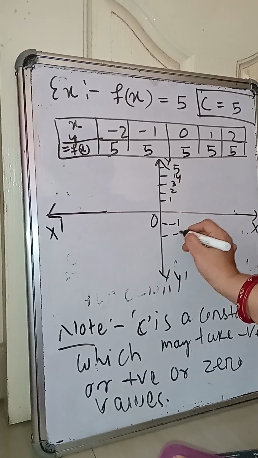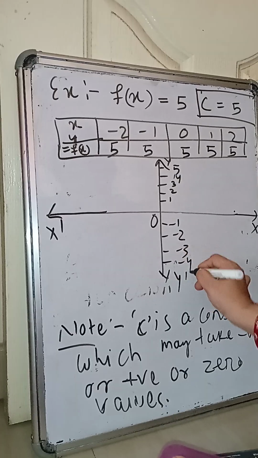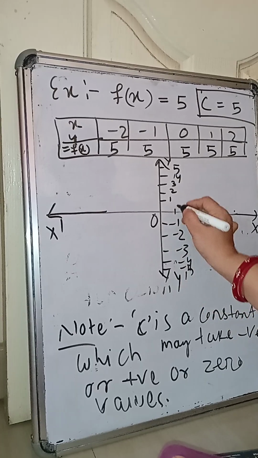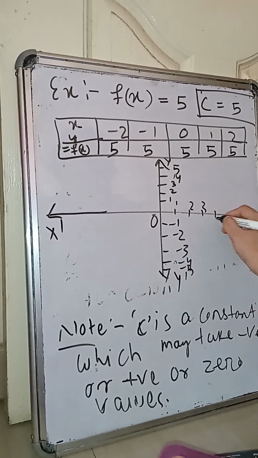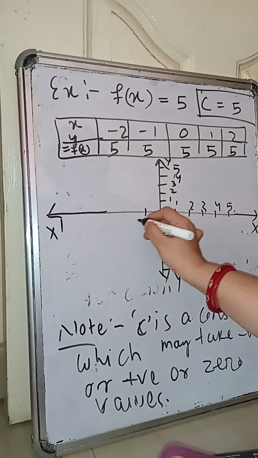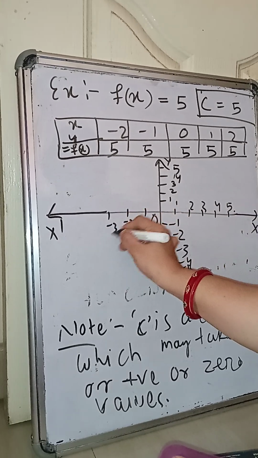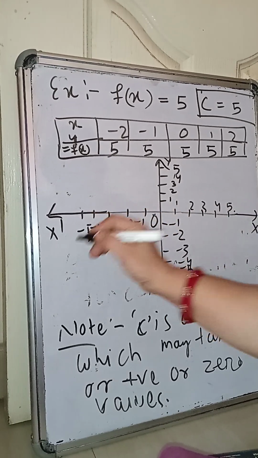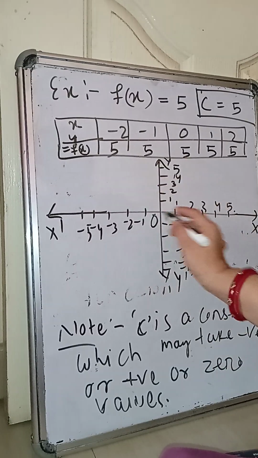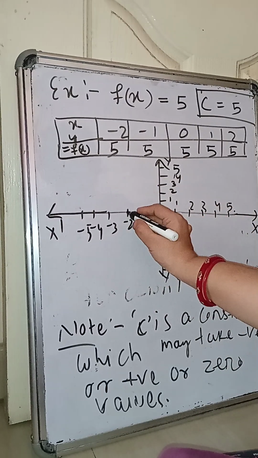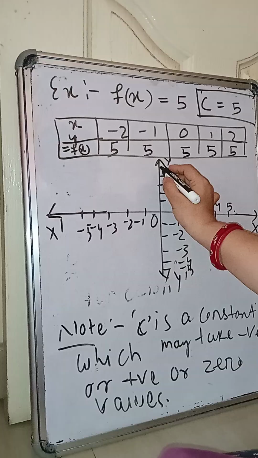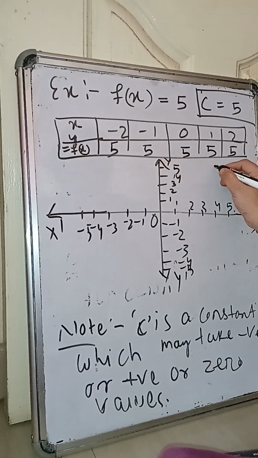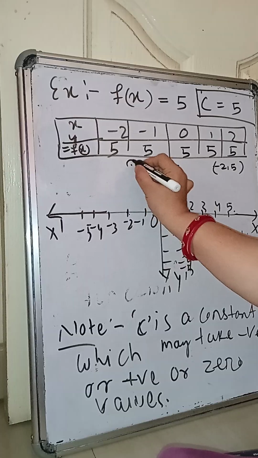This is -1, -2, -3, -4, -5. This is 1, 2, 3, 4, 5, and -1, -2, -3, -4, -5. Now when x equals -2, y value is 5. So the first ordered pair is -2, 5. So -2, 5 is this point.